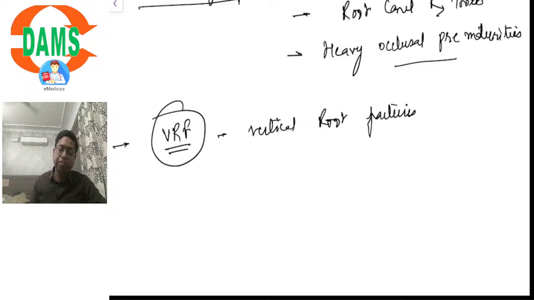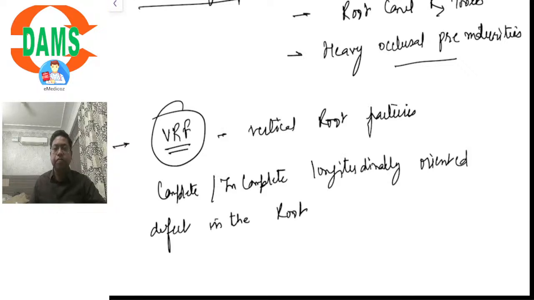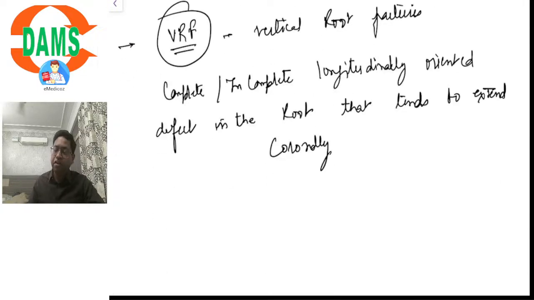Vertical root fracture by definition means a complete or incomplete longitudinally oriented defect in the root that tends to extend coronally. This is the technical definition for vertical root fracture.